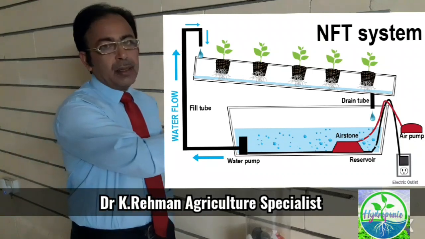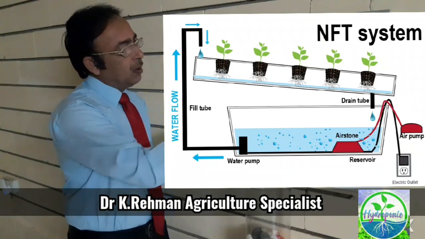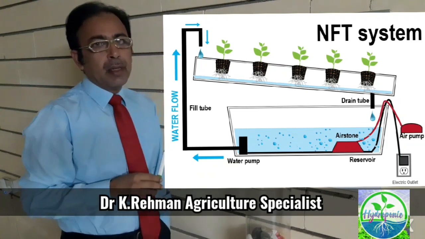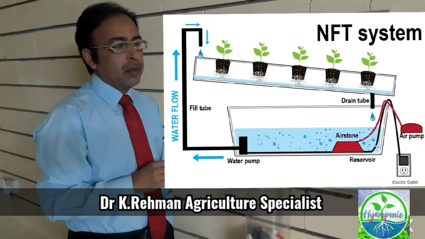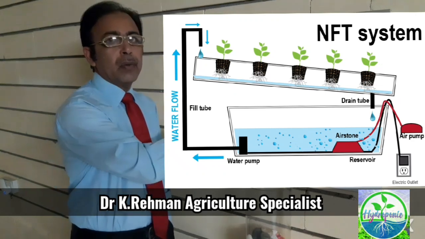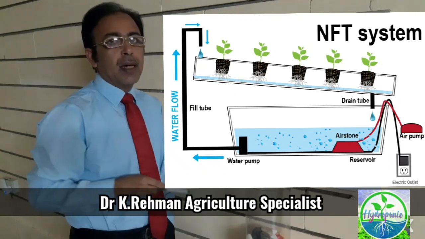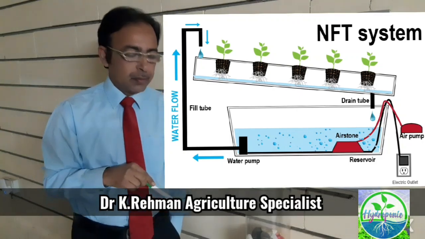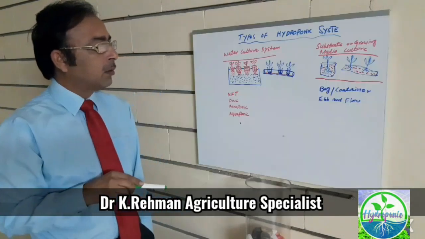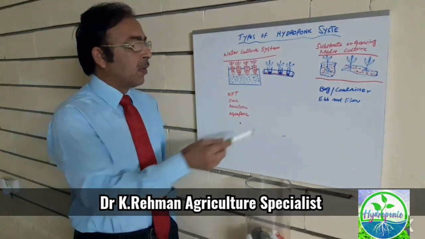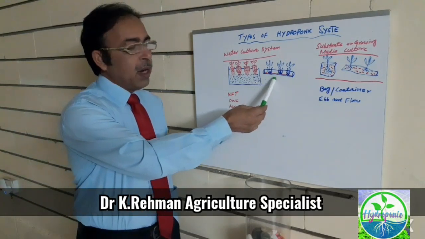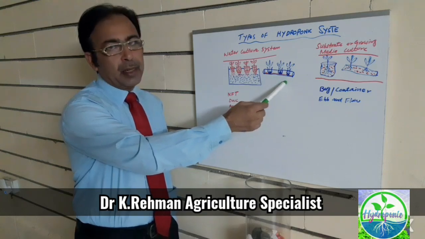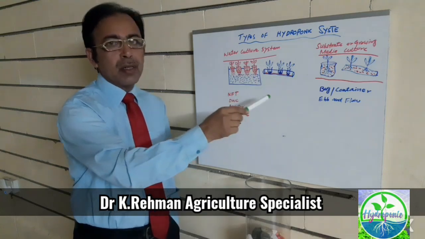When we design an NFT system, these pipes or trellis are gently sloped to pull the nutrient solution back towards the reservoir and then it is circulated again. In an NFT system, humidity is 100% because it is a closed system.